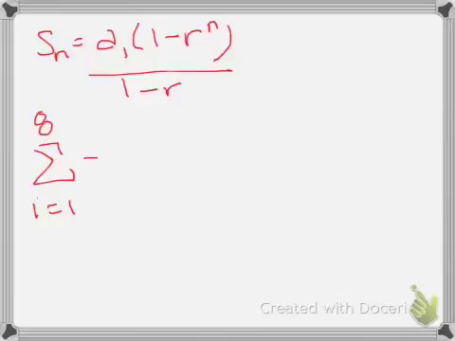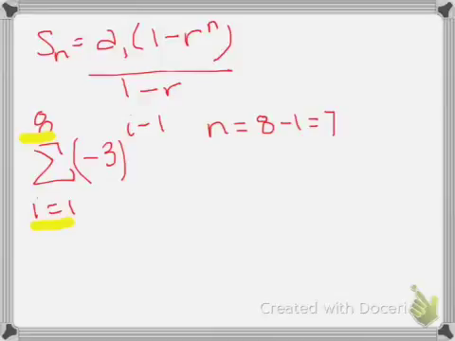So we have our problem, it's -3 to the i minus 1. When we're trying to solve for n, we once again look at our 8 and our 1. So n equals 8 minus 1 plus 1, which brings us back to 8.